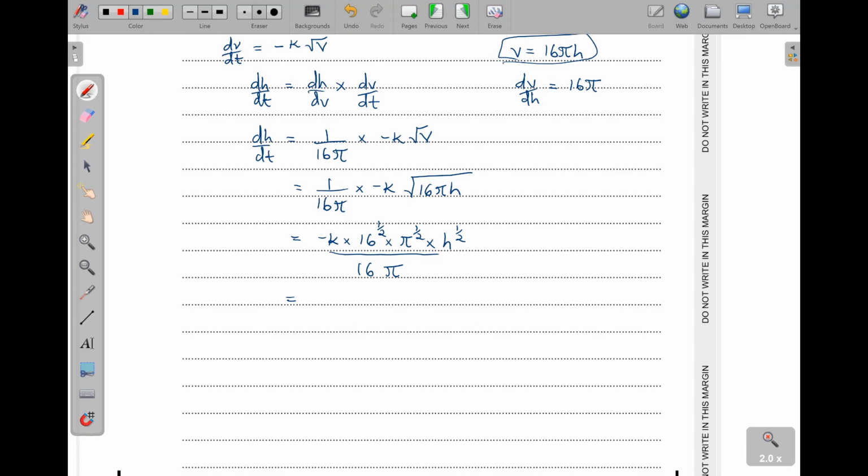Then that 4 can come down here and cross the 16, so we shall have a 4 down. So we shall have k, down here I'll have a 4. Then pi, I'll have this pi here, which is power a half. Then remember this one is power 1, so minus 1 there, and then we shall also have h power a half.